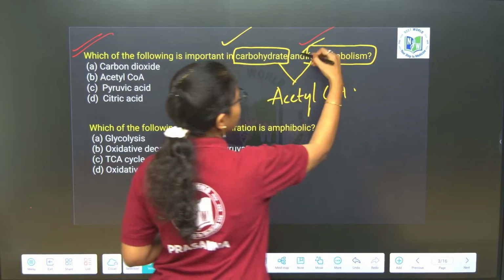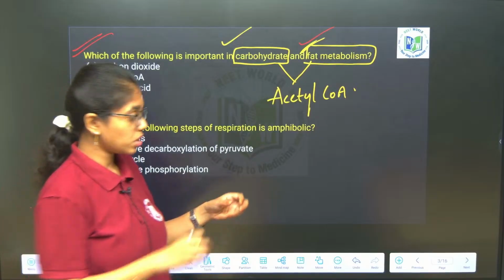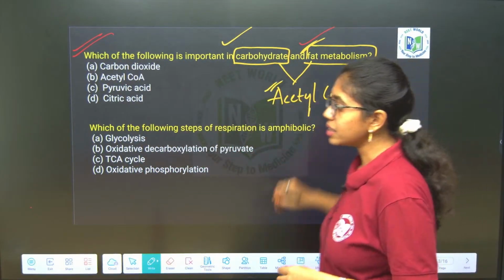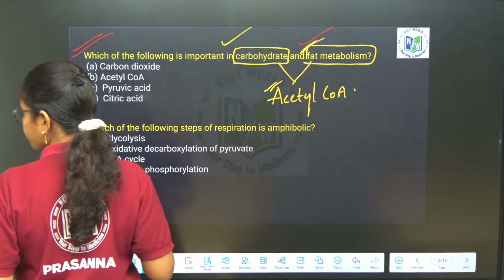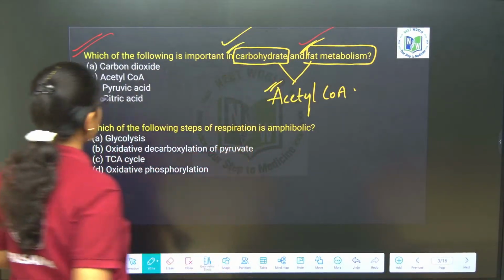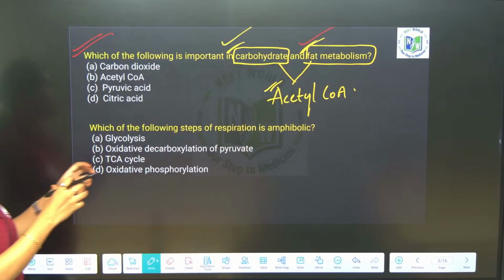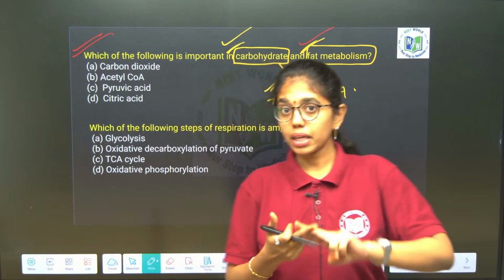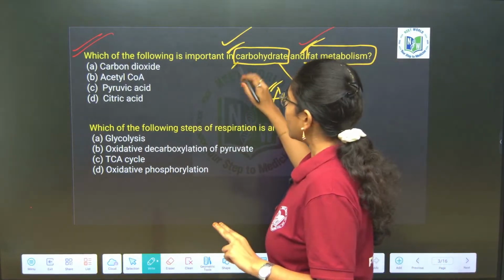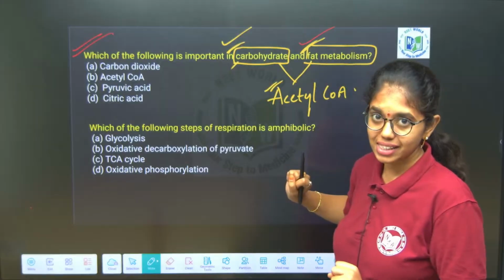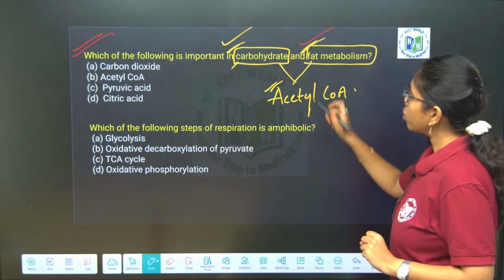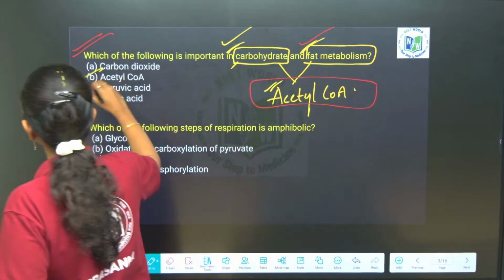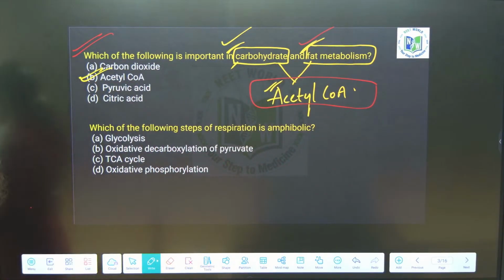Because during fat metabolism, the fatty acids, after further oxidation, give rise to that intermediate, acetyl-CoA. Whereas in carbohydrates, the beginning of the Krebs cycle, that is the 2 carbon compound acetyl-CoA, begins the process of the TCA cycle. Clear, right ma? So here, in carbohydrate and fat metabolism, the common intermediate is acetyl-CoA.